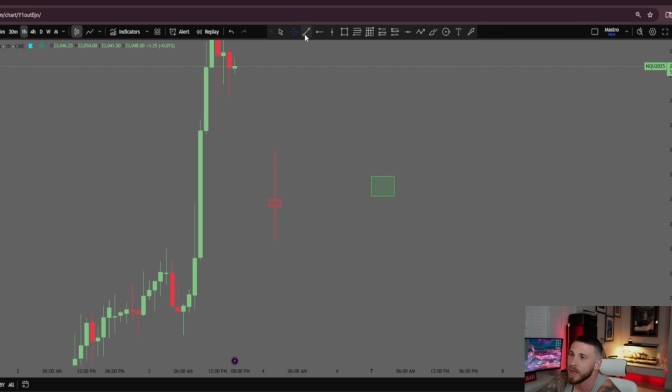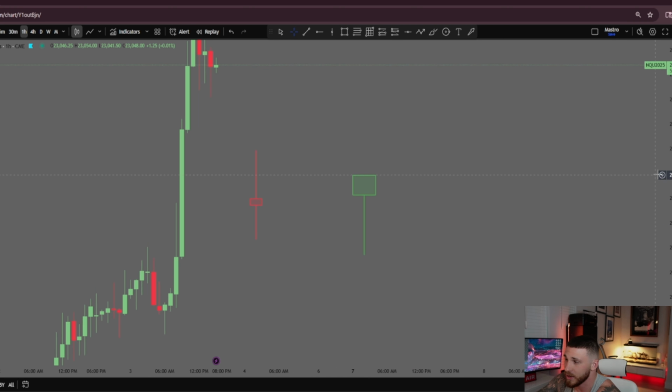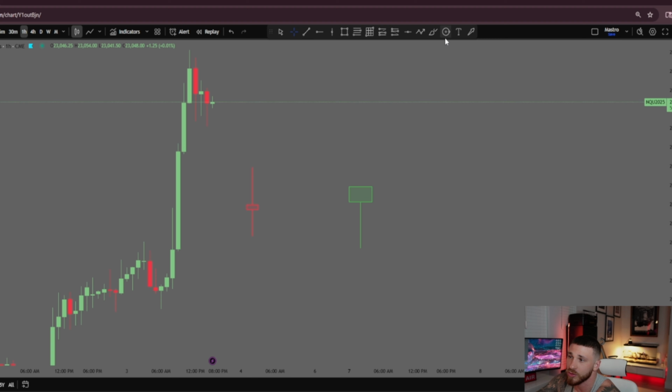But let's say we have a long wick just like this all the way down. This candle here shows that buyers are most likely in control, because price was brought all the way down here to the candle's low. But you can see buyers ended up pushing the price all the way up, closing it very strong. That shows that buyers are in control. The price will most likely continue up.